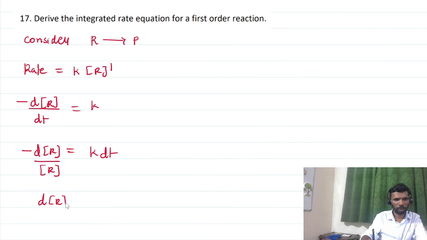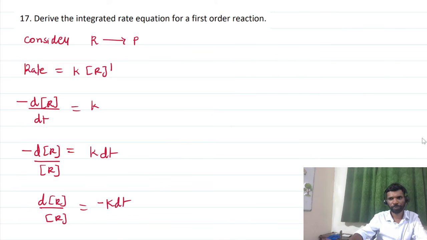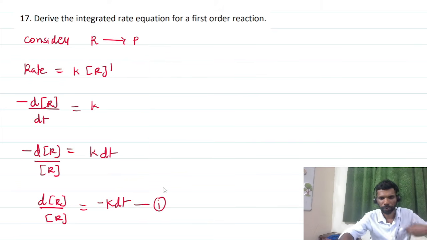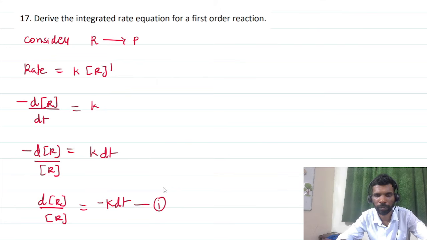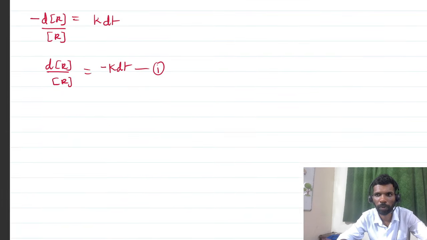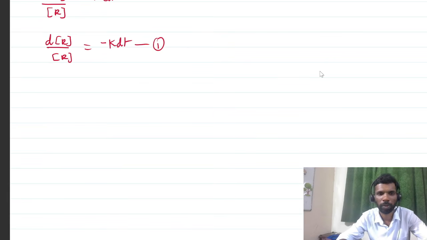So dR by R is equal to minus K dt. Okay. So this is equation 1.